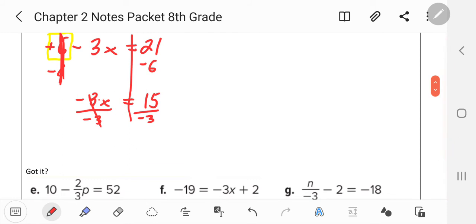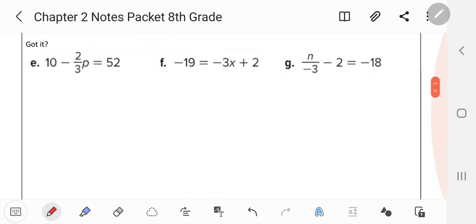And we have x equals, a positive divided by a negative gives me a negative. 15 divided by 3 is 5. Woohoo! Lots of problems to see how you're doing. Go ahead and try them, and then unpause and see how you did.